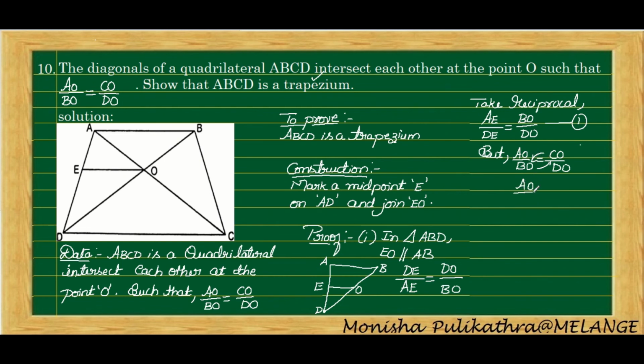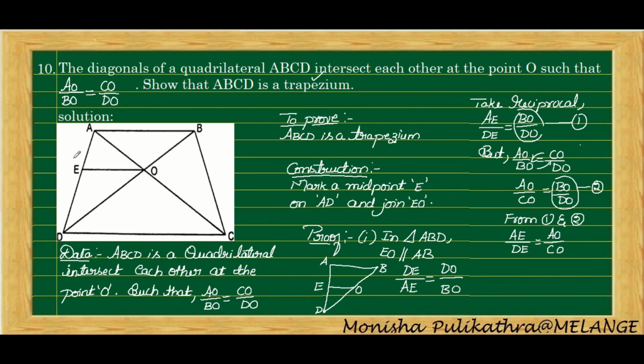So it will become AO by CO is equal to BO by DO. Let this be equation number 2. So what happens here? BO by DO is equal to BO by DO by comparing 1 and 2. Okay. So if this is equal to each other, this will be equal to each other. So from 1 and 2, it will become AE by DE is equal to AO by CO.